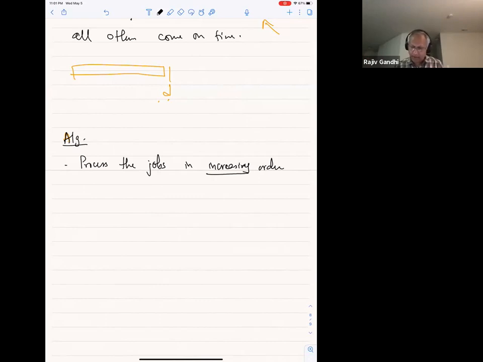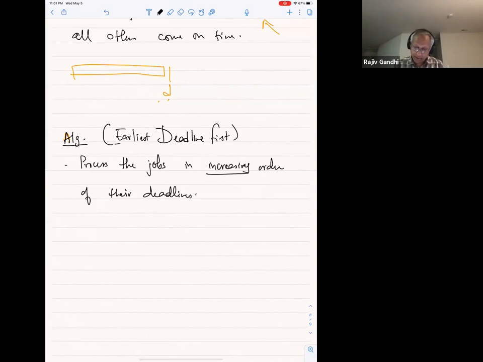It doesn't matter. But process the jobs in the increasing order of their deadlines. That is the algorithm. This is called the earliest deadline first, EDF.